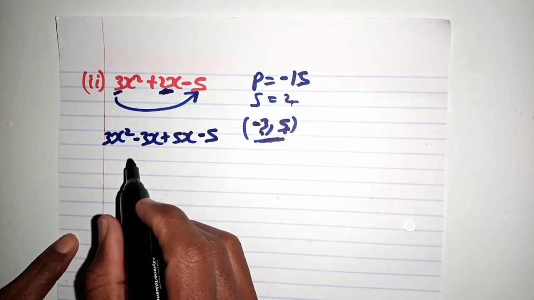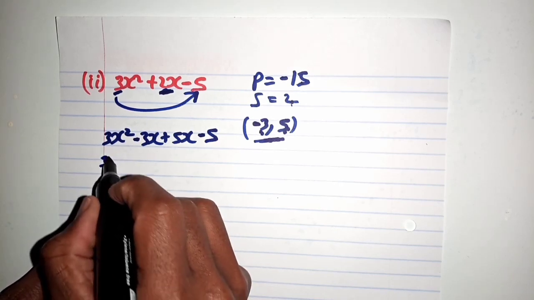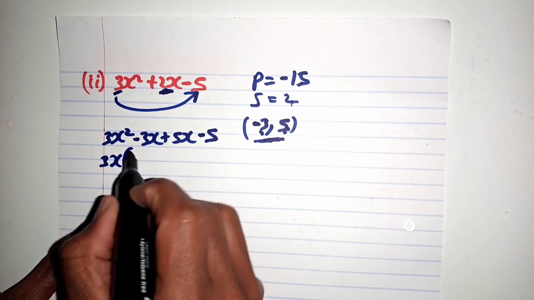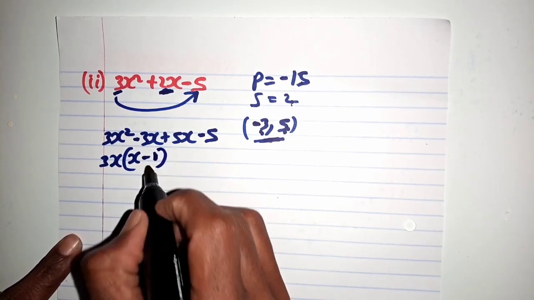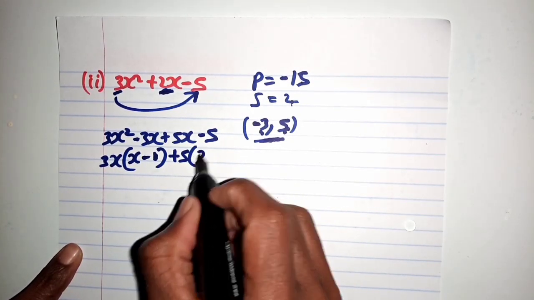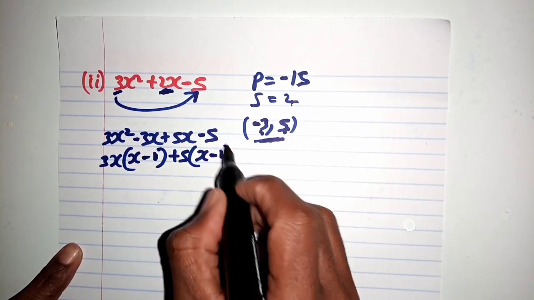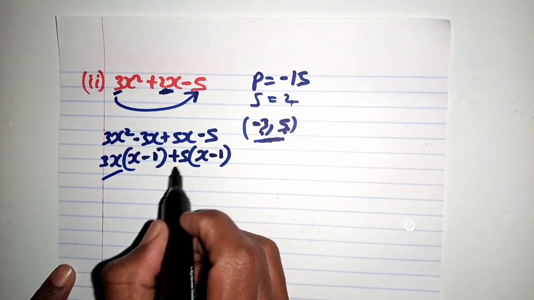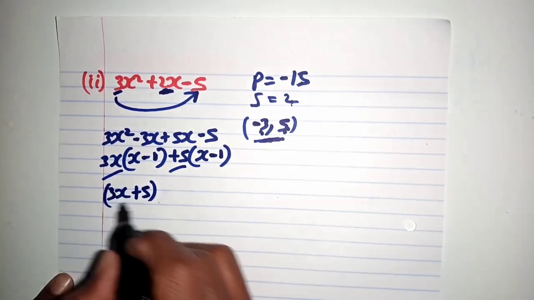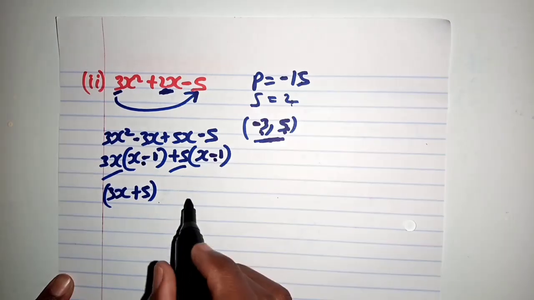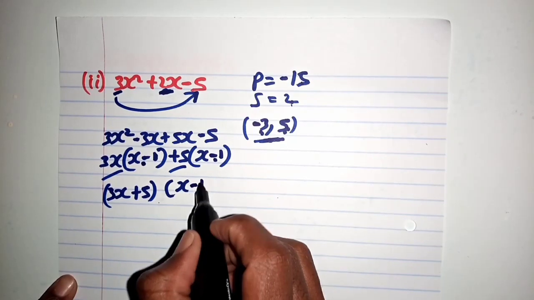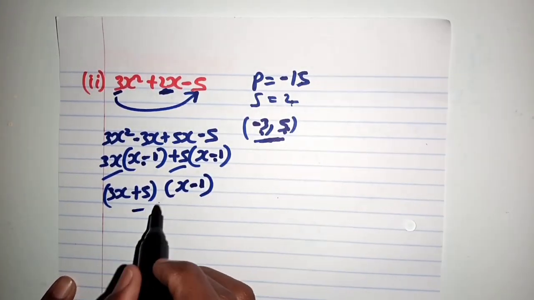Let's proceed and factor out. So we are going to have 3x, open the bracket, x minus 1, then plus 5, open the bracket, x minus 1. And we take this one and this one, so we have 3x plus 5, and then we take either of these brackets because they are the same, (x minus 1), and this becomes the answer.